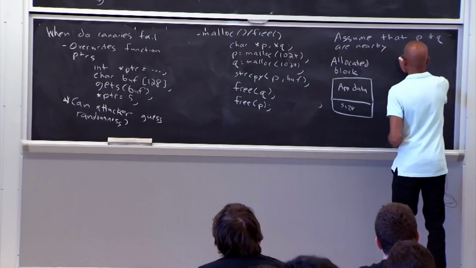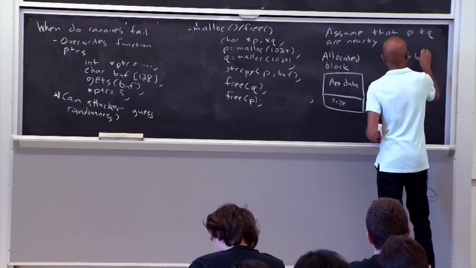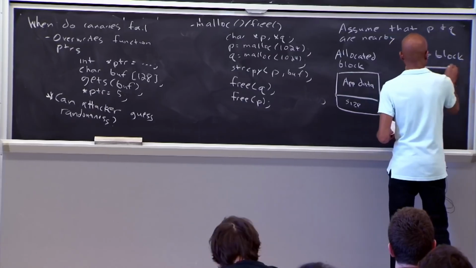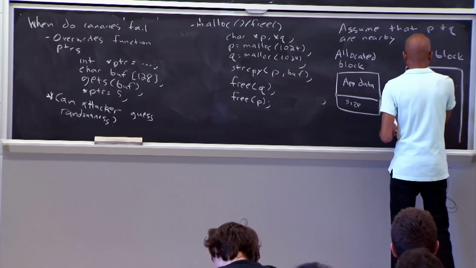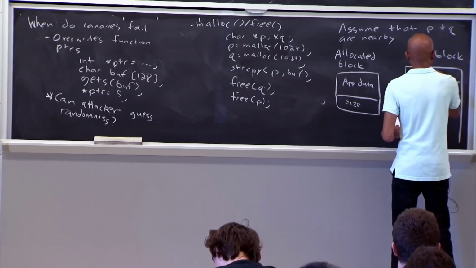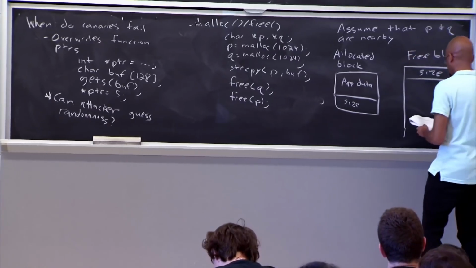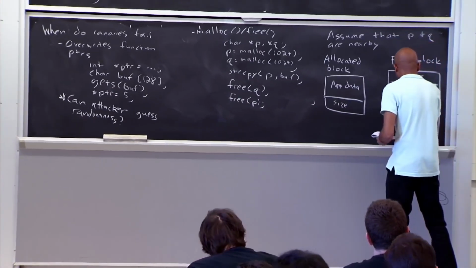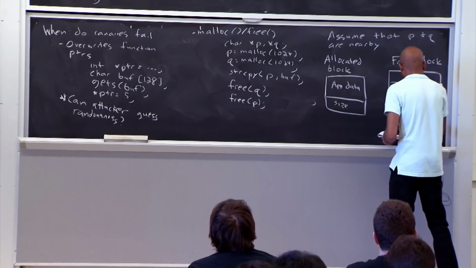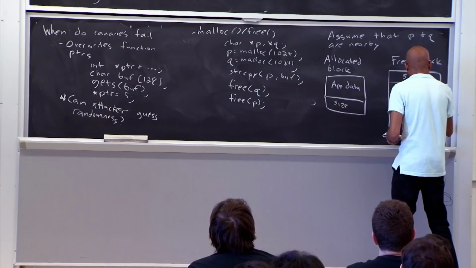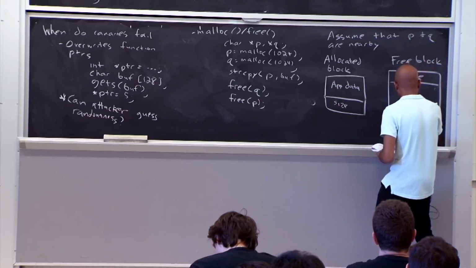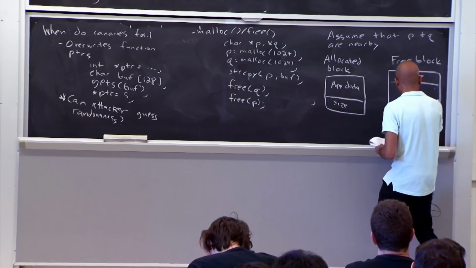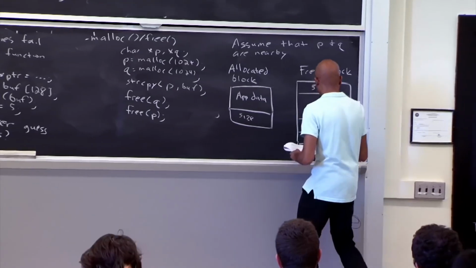Now let's say that a free block has some metadata that looks like this. Maybe you've got the size of the free block here, and then a bunch of empty space here. And then, this is where things get interesting, you've got a backwards pointer, and then a forward pointer. And maybe you've got some size data here.